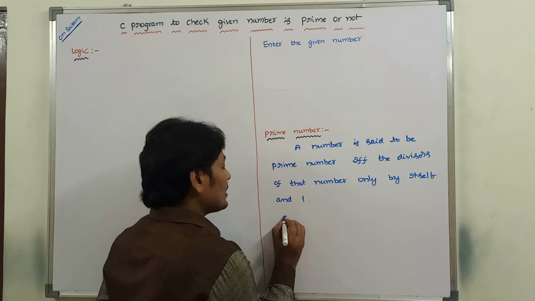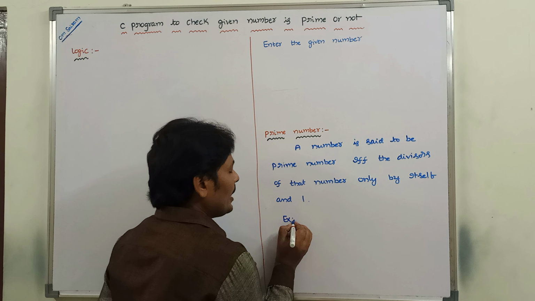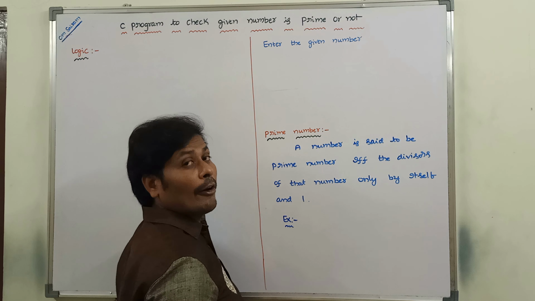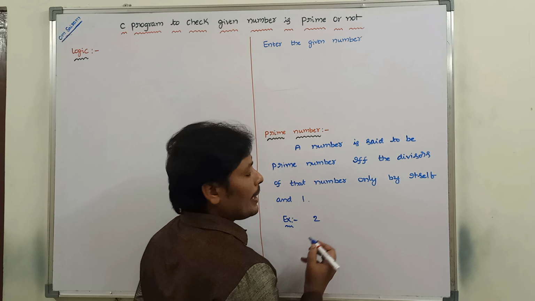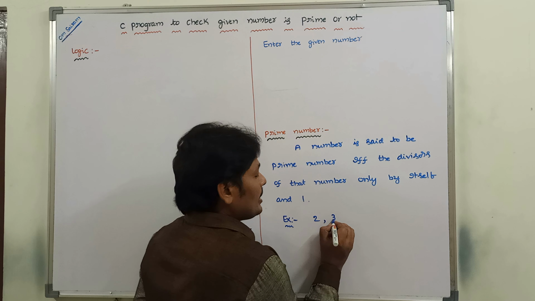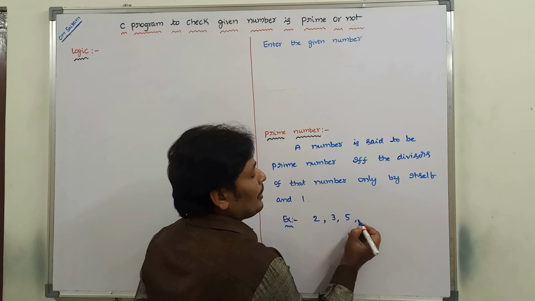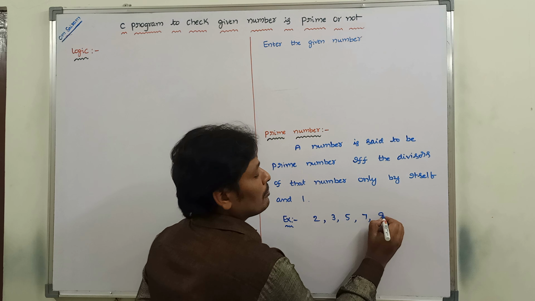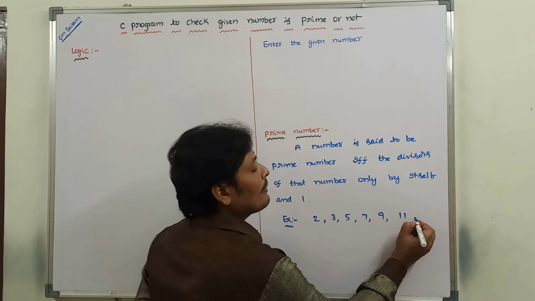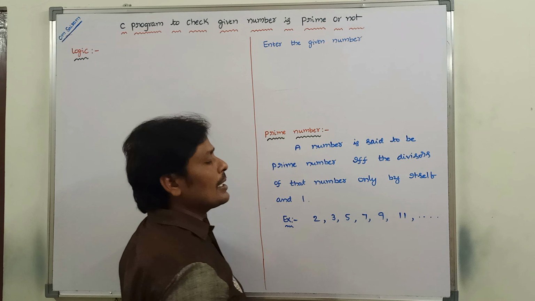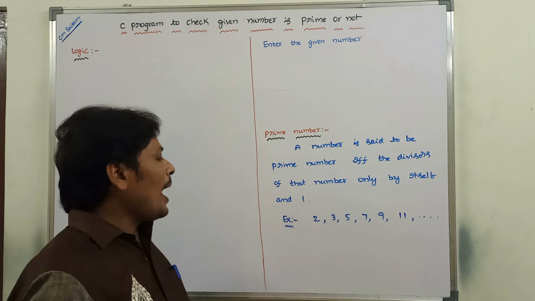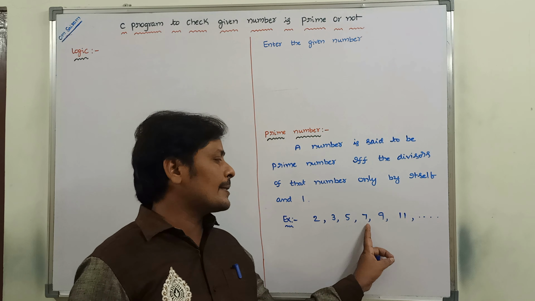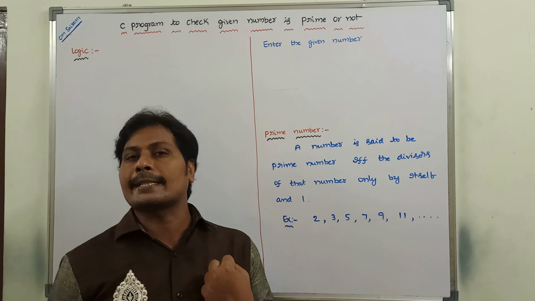So what are the examples of prime numbers? We already know the examples of prime numbers. 2 is a prime number, 3 is a prime number, 5, 7, 11 are prime numbers. We have to check what are the divisors of 7? 1 and 7.